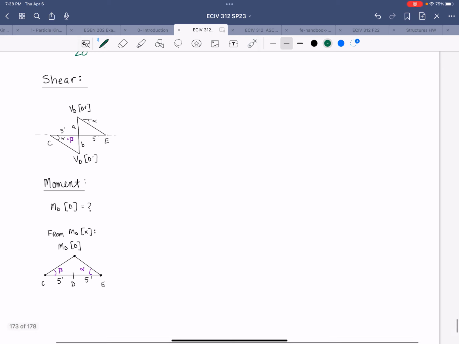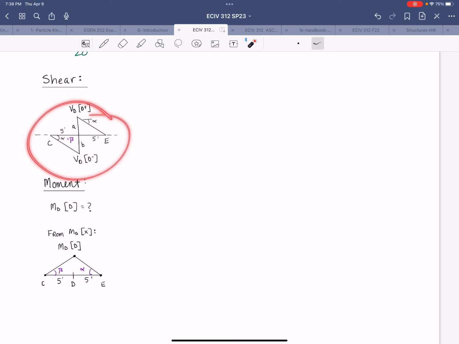For shear, I've got the location of interest kind of copied here in a sketch for convenience. So for shear, we have two pieces of information that we need to work with, right? So one is we know that the magnitude of A plus the magnitude of B is equal to 1.